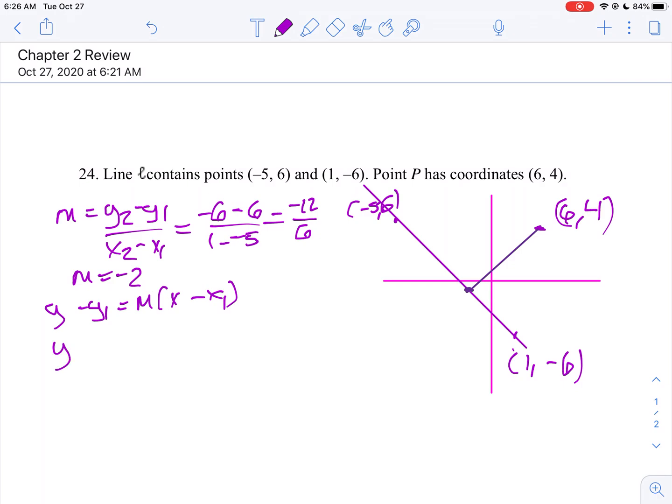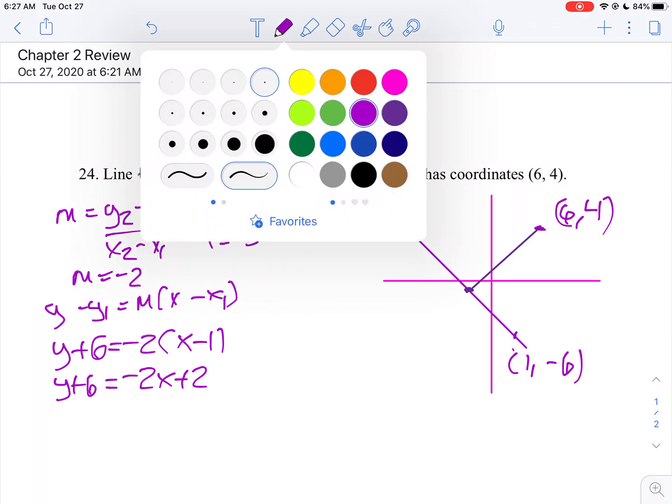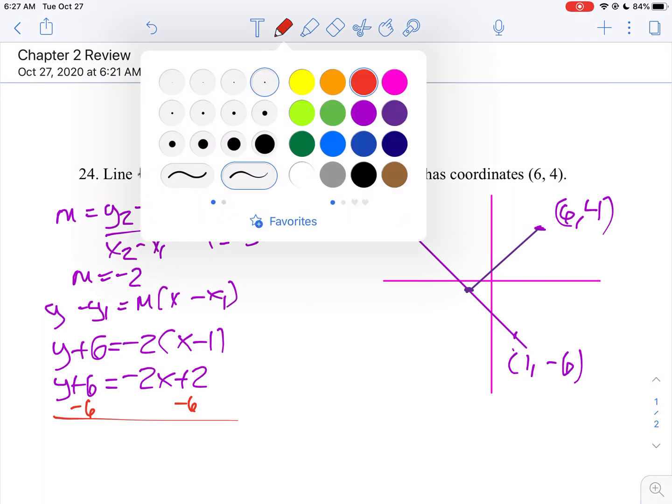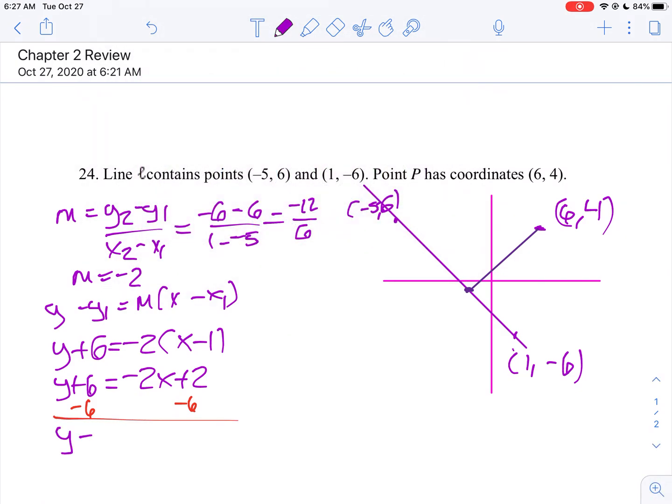So y minus a negative 6, which is actually y plus 6, equals negative 2 times x minus 1. I'm going to write this in slope-intercept form because I'm going to want to compare it in a couple minutes. So y plus 6 equals negative 2x plus 2 when you distribute. Subtract 6 from both sides, and we get y equals negative 2x minus 4. That's the equation of our line.